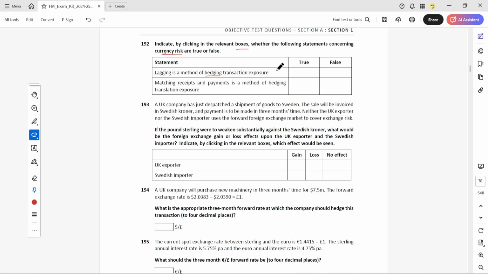No, because lagging is not a hedging technique. It is a traditional way of mitigating the currency risk.